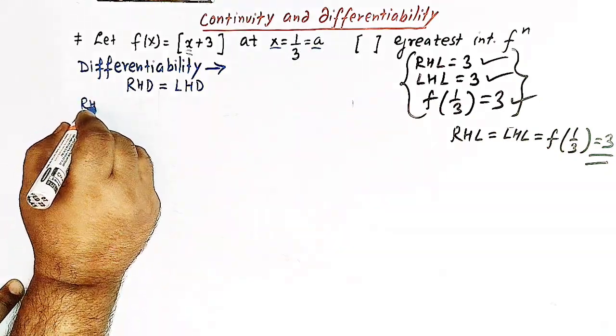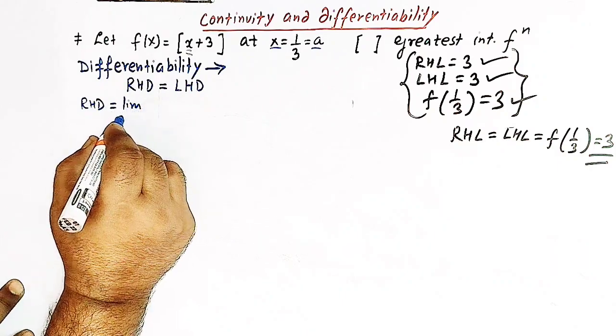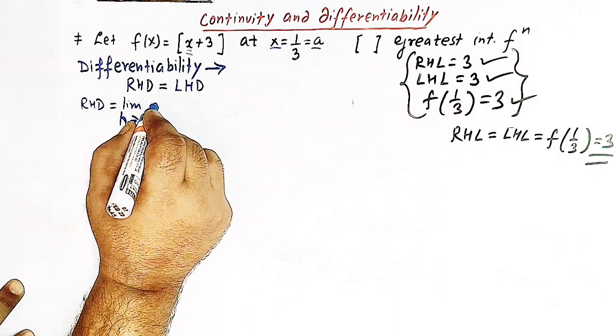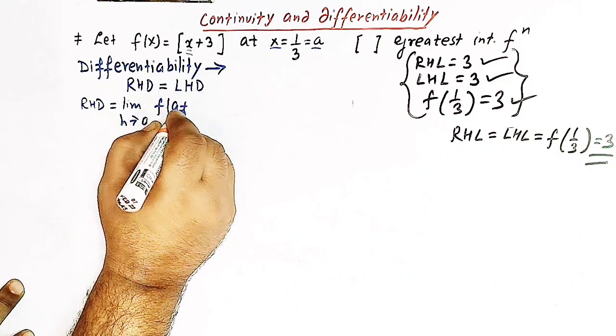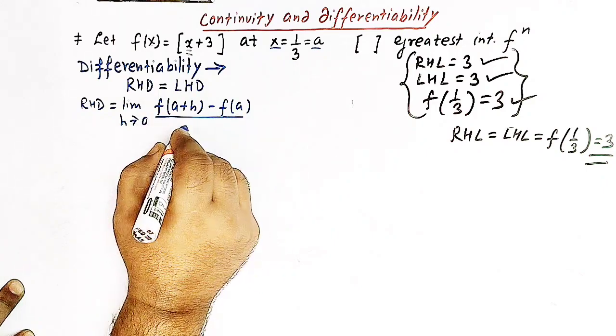So the definition of right hand derivative is given by this limit, that is limit h tends to 0, f(a + h) minus f(a) divided by h.